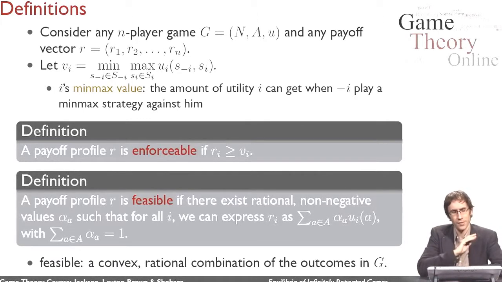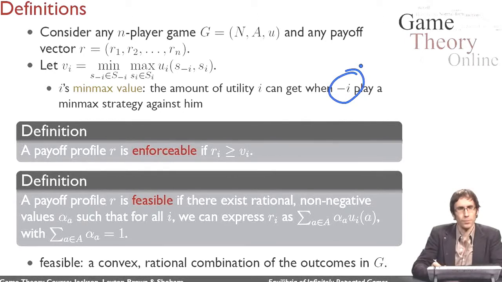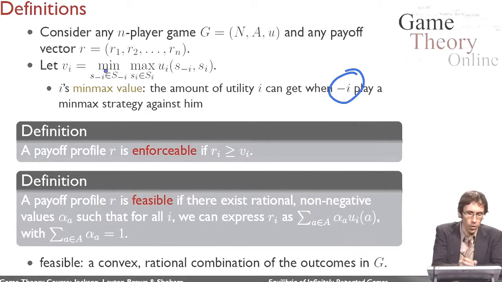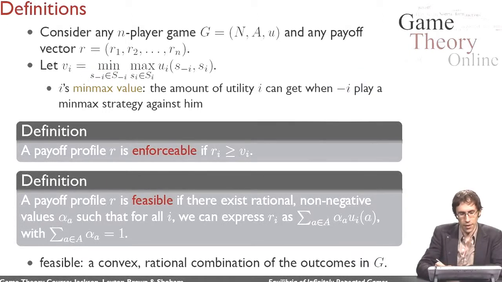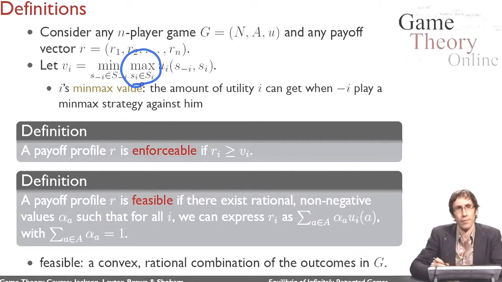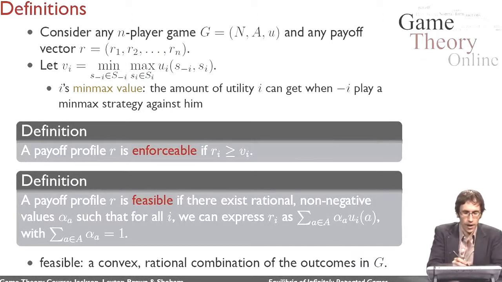Essentially, player i's min-max value is the amount of utility that player i is able to obtain for himself if all of the other players, who we call minus i, are completely unconcerned about their own utility, and instead they're just trying to hurt i as much as possible. So they all play that strategy from their joint mixed strategy space, such that if i responds by doing the best thing that he can for himself, then i's utility is as low as possible.